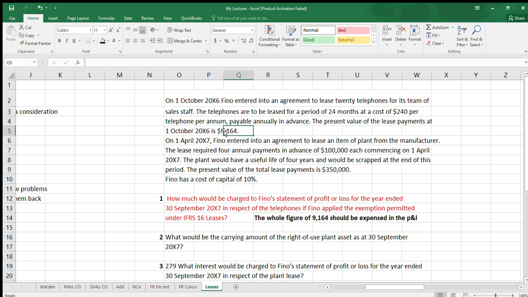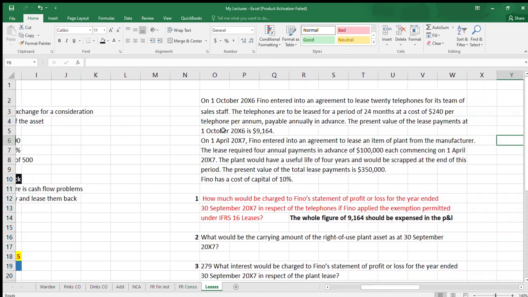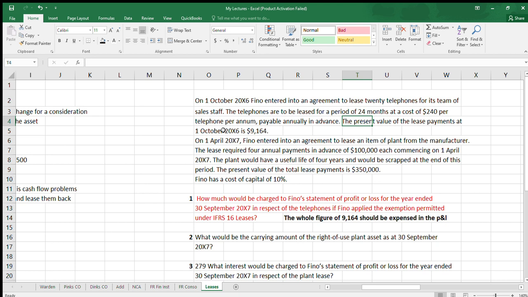Remember our initial recognition here: present value of lease payment. And here the question is saying the present value of the lease payment, so the figure is 9164. So this whole figure will be expensed in the profit and loss because the telephone is a low value asset.